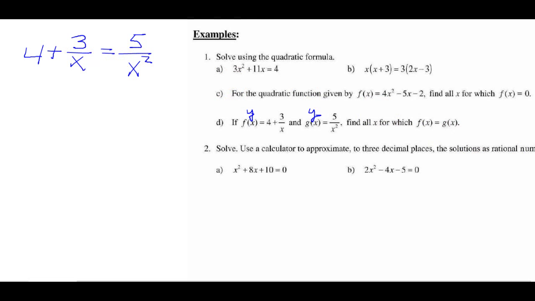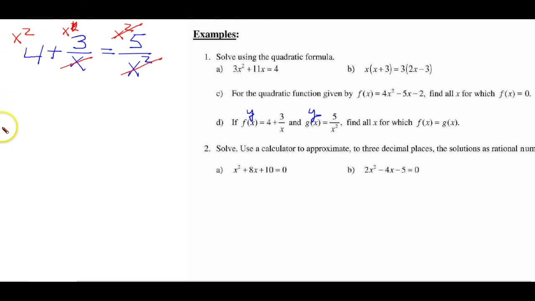So how do we solve this? Well, we're going to multiply to get rid of our fractions. Our lowest common denominator here is x squared. So we multiply each term by x squared. So here they're going to cancel out. Here one of the x's cancel out, and you're left with a 1.